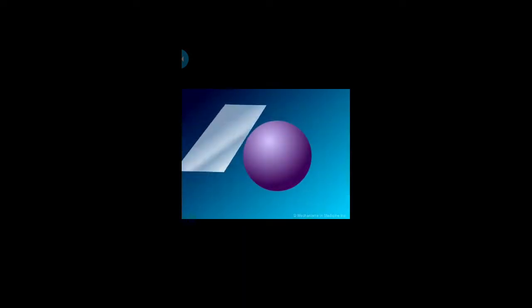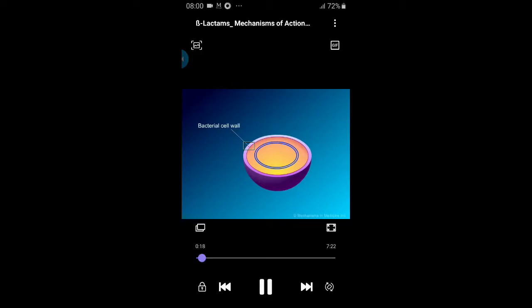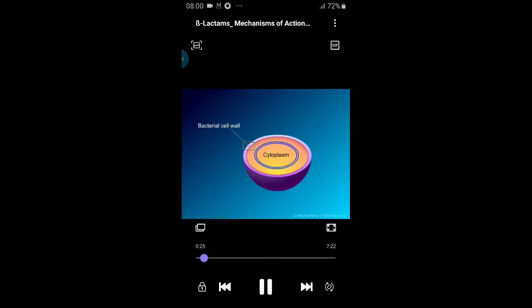Structurally, most bacteria consist of a cell membrane surrounded by a cell wall, and for some bacteria, an additional outer layer. Internal to the cell membrane is the cytoplasm, which contains ribosomes, a nuclear region, and in some cases, granules and/or vesicles.